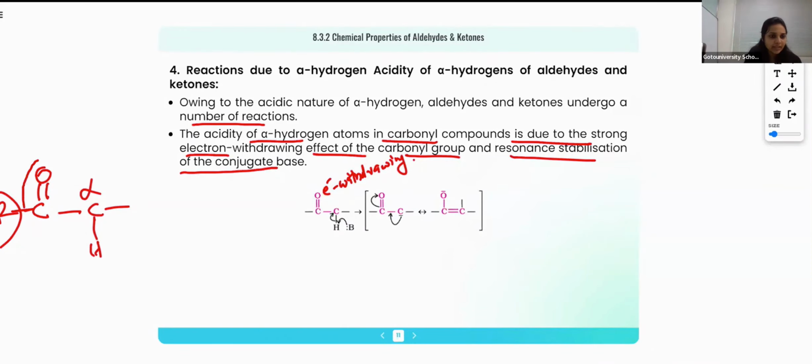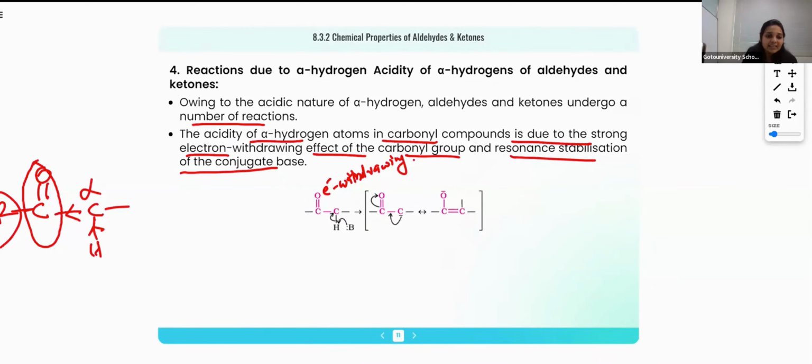It means it will take the electron density, right? So electrons are moving towards the CO group. Here also the electrons are moving towards the CO group. It will be like this. Means the CO group is taking all the electron density from the neighboring carbon atom, from the alpha carbon atom.